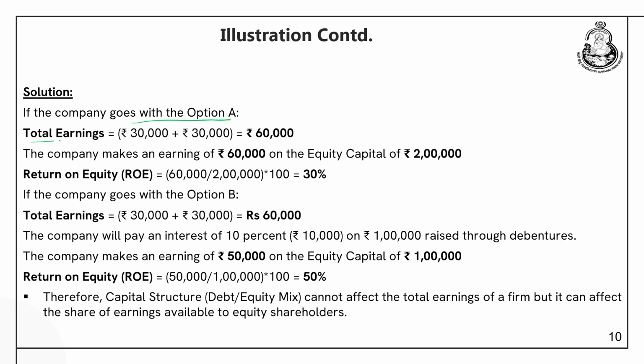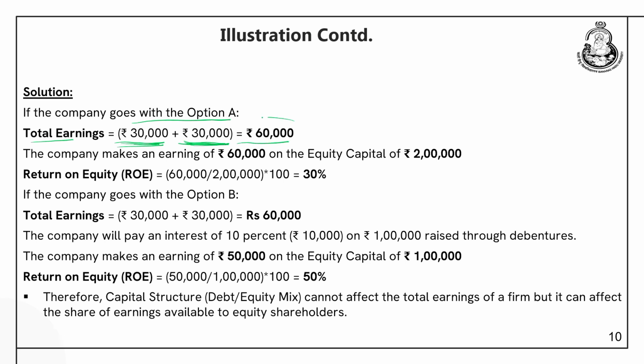So, what is the total earnings? This 30,000 is the return on the initial 1 lakh it had, and this 30,000 is the return on the 1 lakh it has issued now.